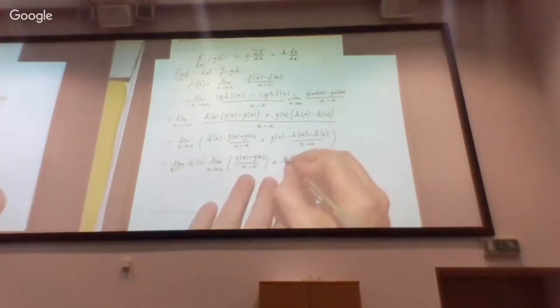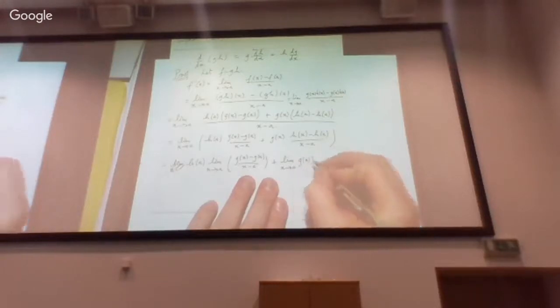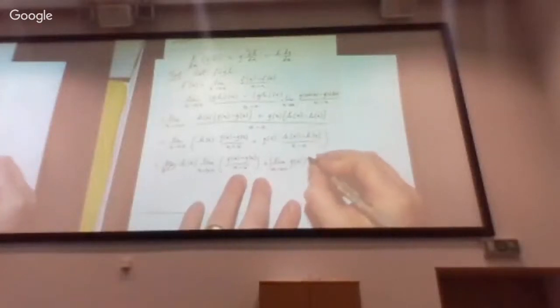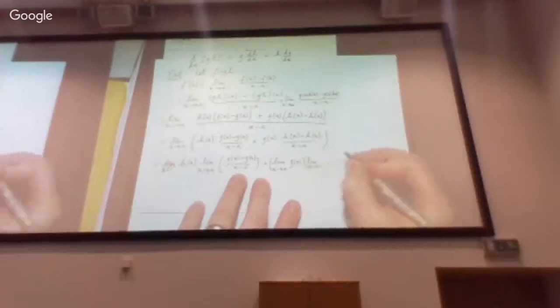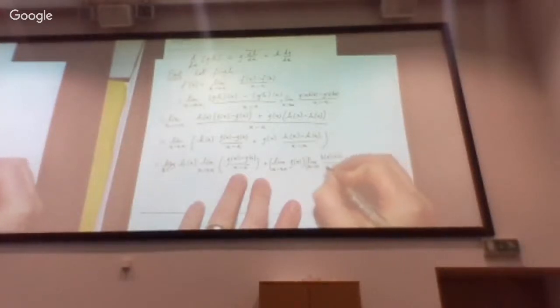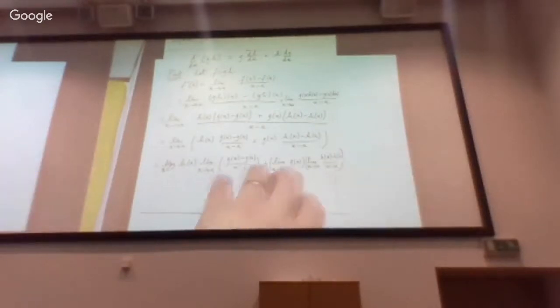And then I need to use the multiplicative property of limiting values to split the limit of this thing into the product of the individual limits. h of x minus h of a over x minus a.